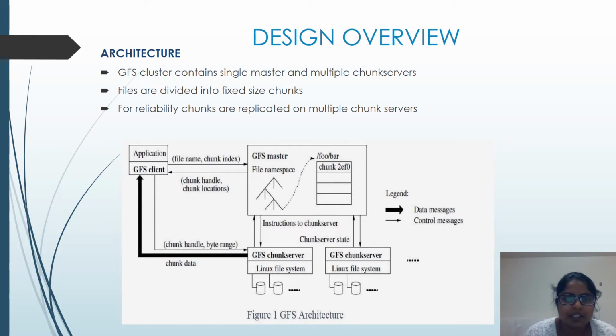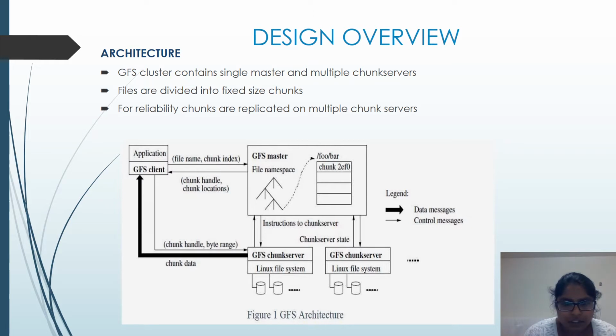The master replies to the client with the chunk handle and chunk locations, where the chunks are located in the GFS chunk servers. Then the client sends the request to the nearest chunk server with the chunk handle and byte range, like how many bytes it wants to read or write.